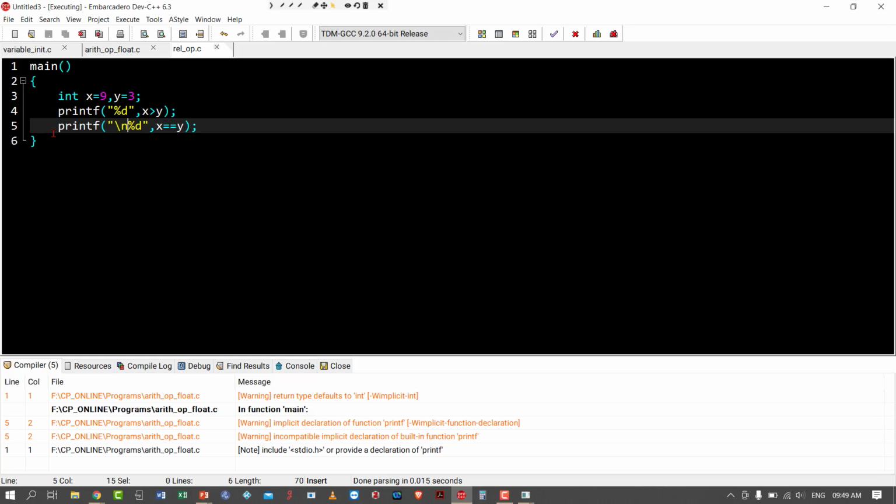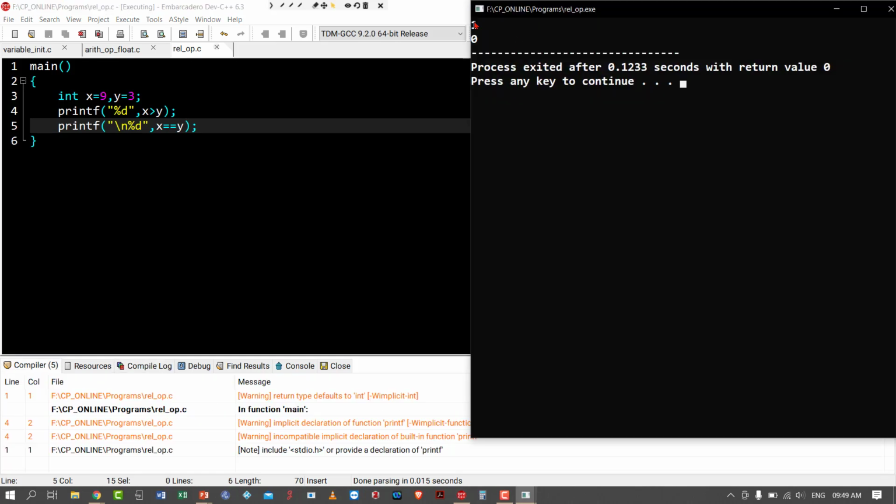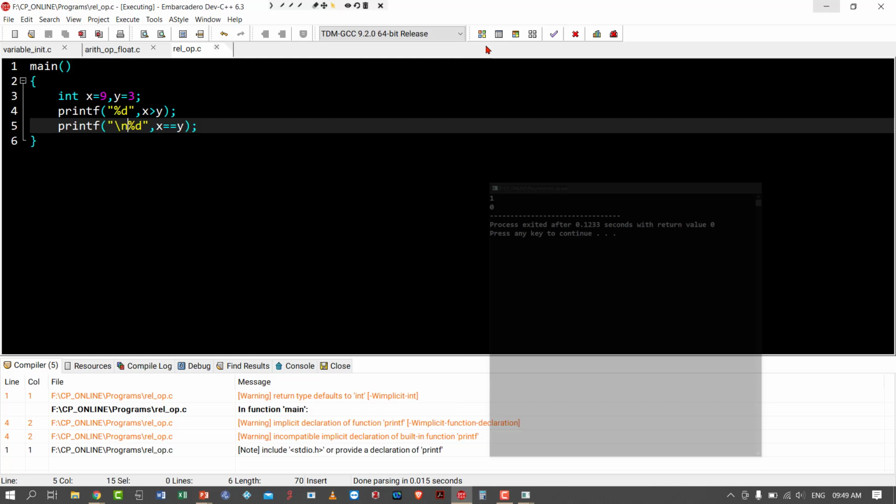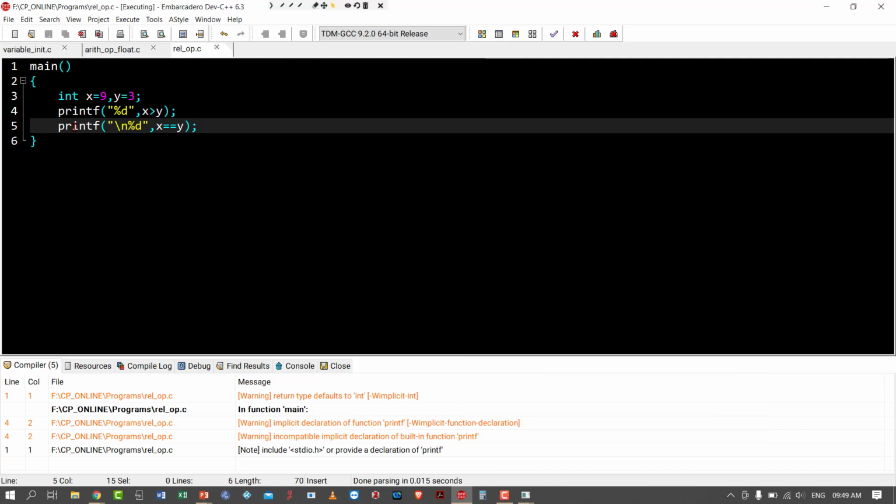What about line number 5? It is wrong, so it will be 0. So 1 and 0 will be the output. Similarly, you can try the other relational operators also.